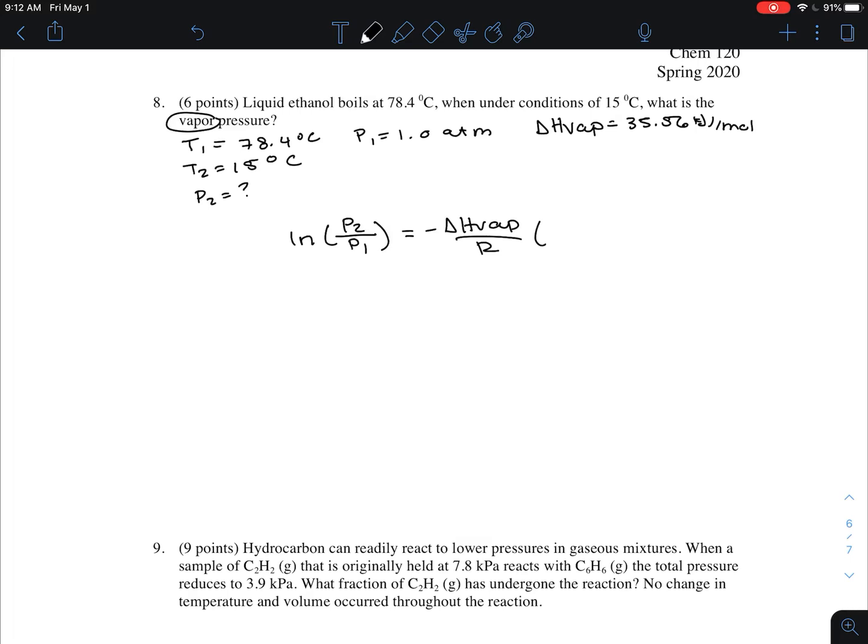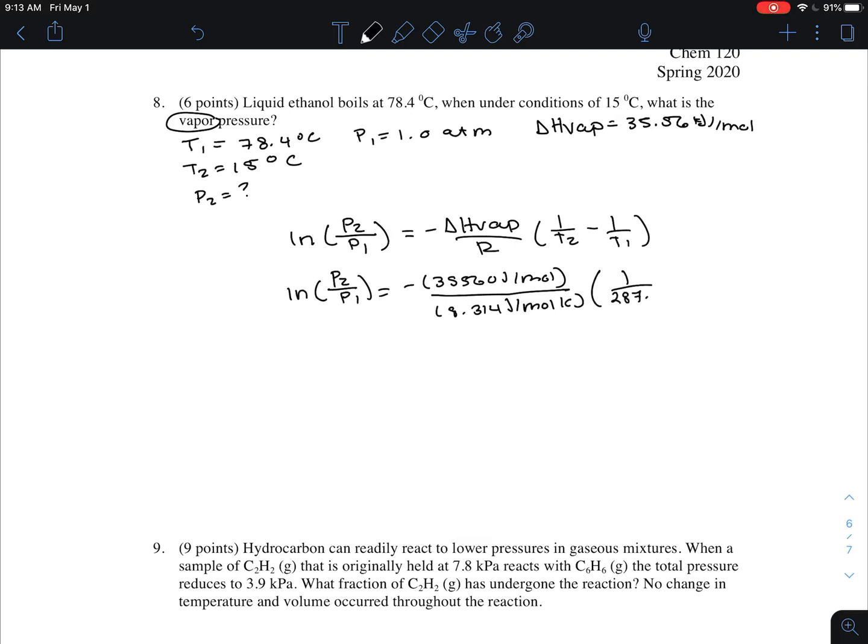So the natural log of the vapor pressure fraction is equal to the heat of vaporization over R times 1 over T2 minus 1 over T1. So then you would plug everything in. You want to convert your kilojoules to joules. Use your R constant for joules.